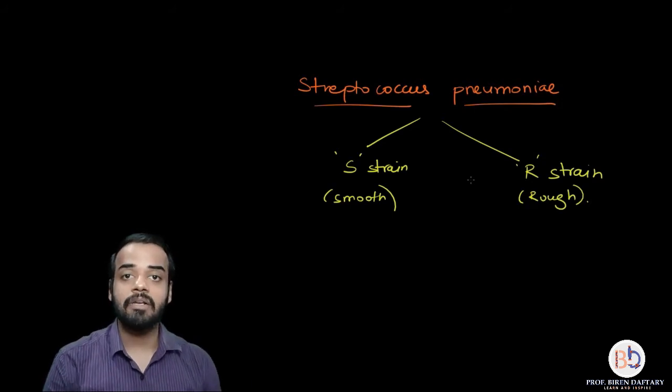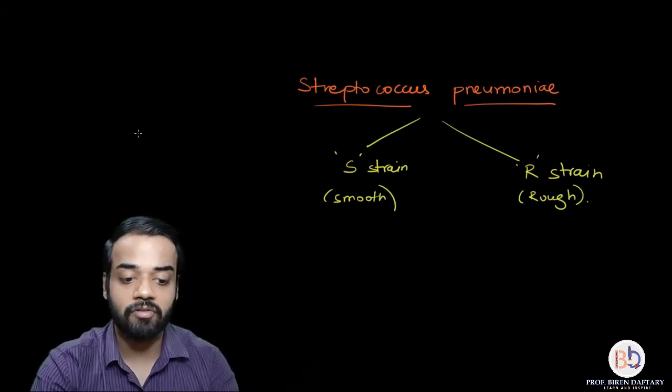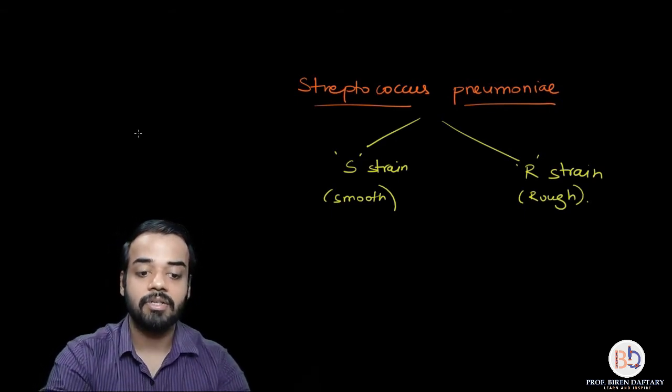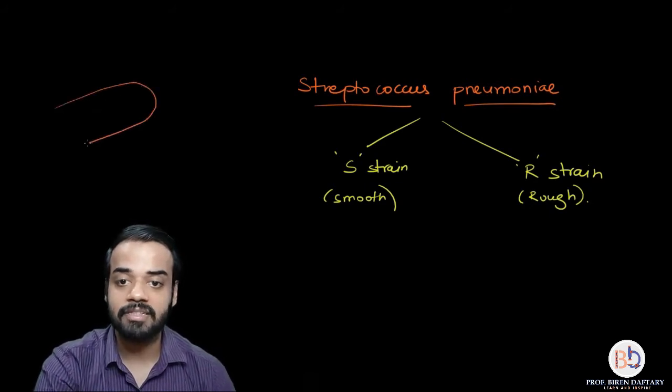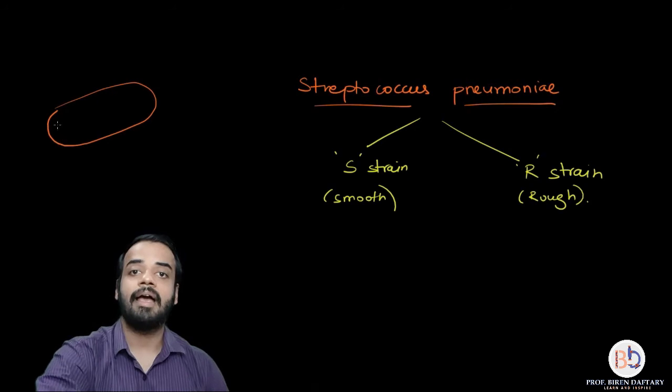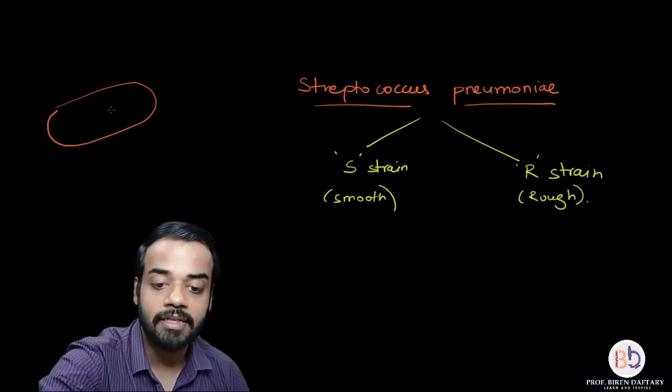It is very simple. If you know the structure of a bacterial cell, if I draw the structure of a bacterial cell over here, then a bacterial cell basically has a cell membrane, correct, and then it has a cell wall, and the outermost covering, if you know, is called a capsule.